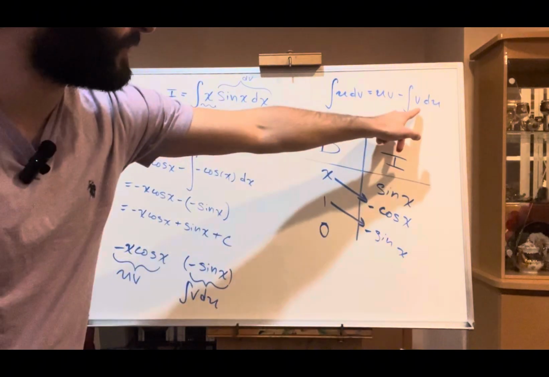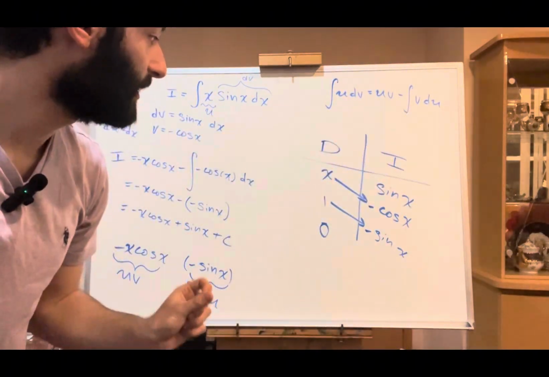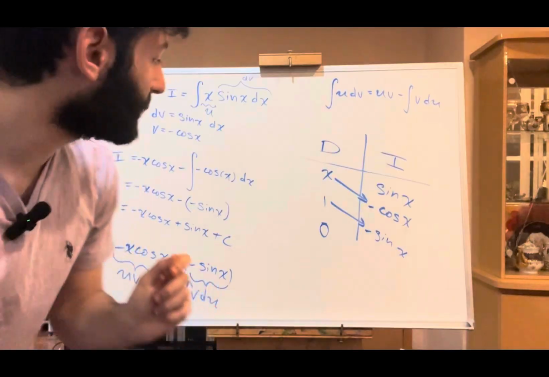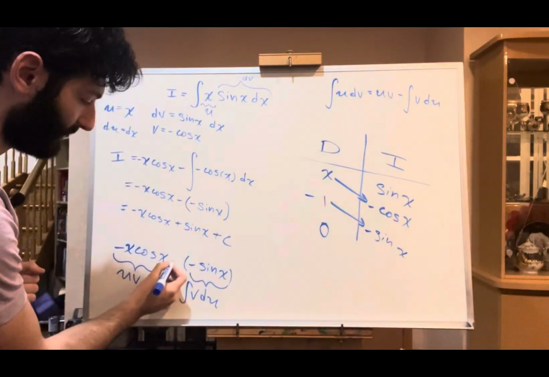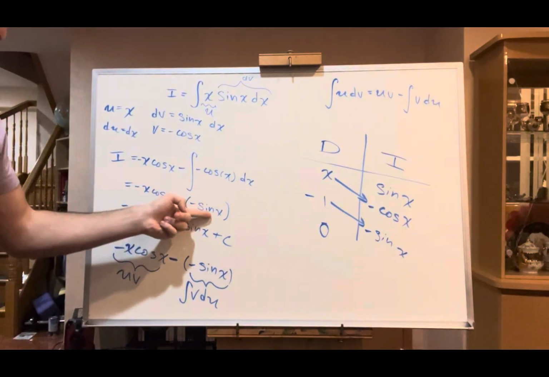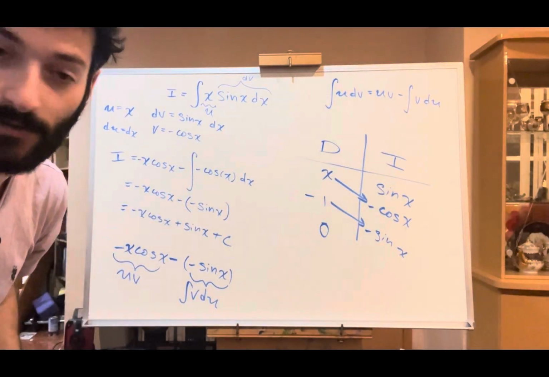And we see that we have to subtract the integral of v du. So to make sure it's consistent, we add a negative sign over here when we multiply the 2. That way we get exactly the same solution.